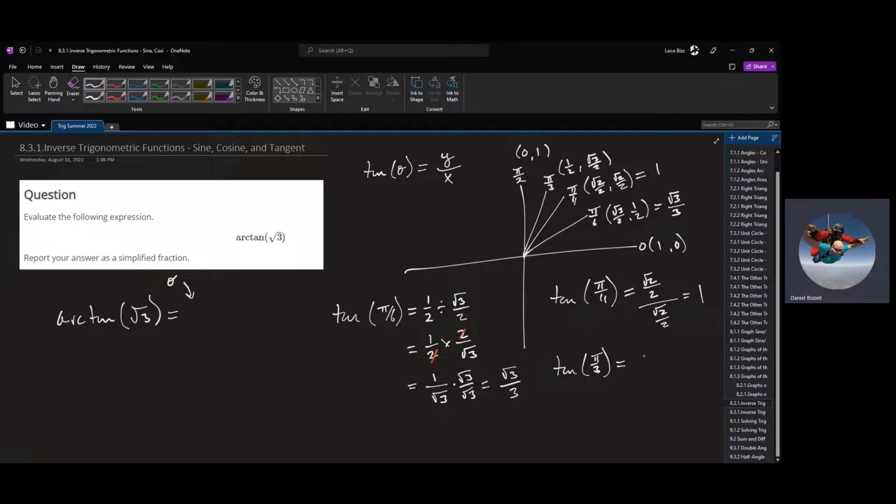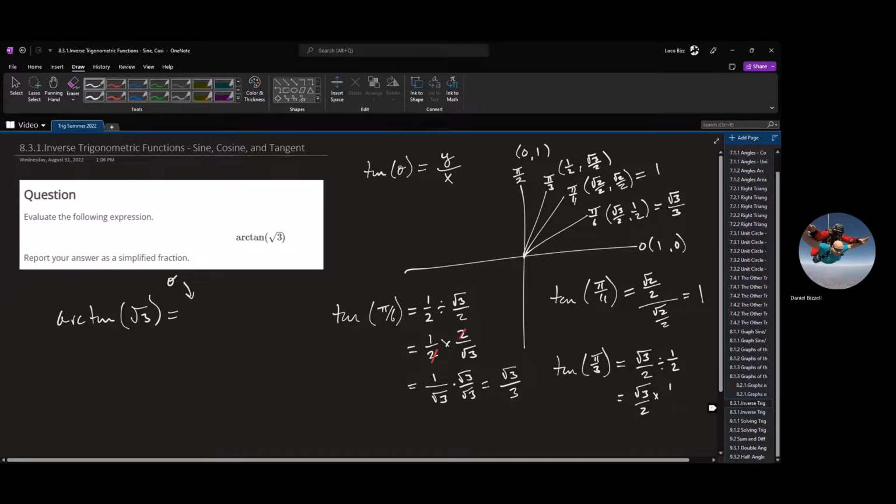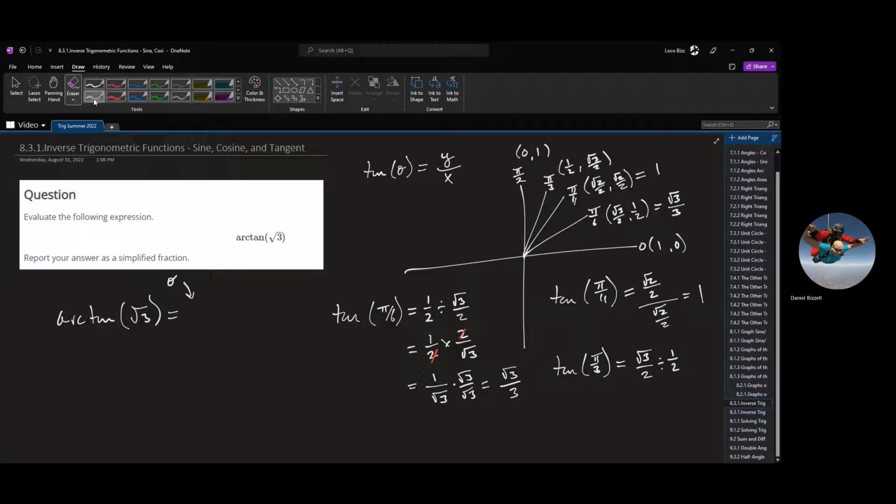So here our y component is square root of 3 over 2, divided by our x component, which is 1 half. Then we use the keep it, change it, flip it.